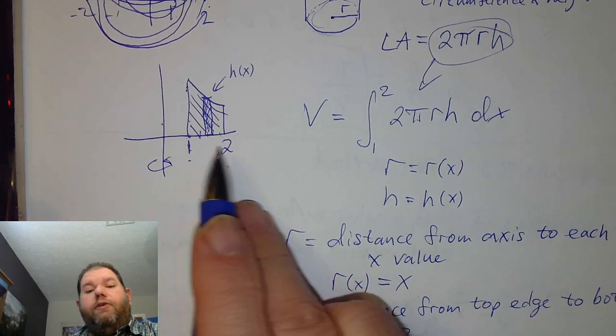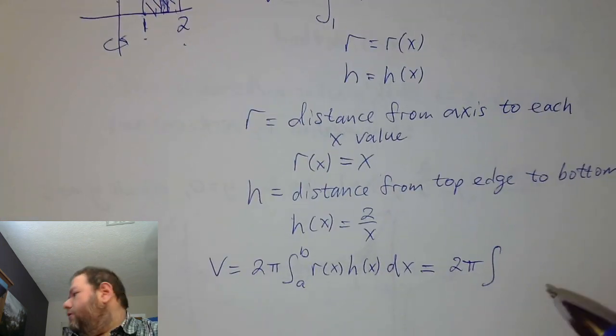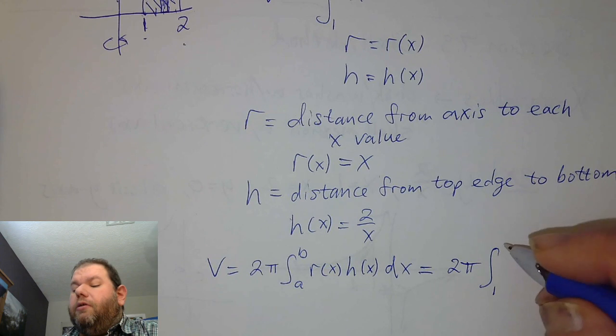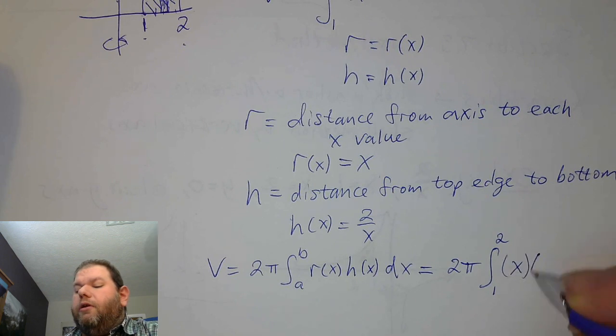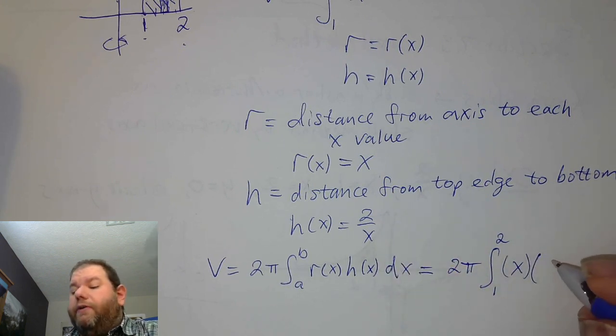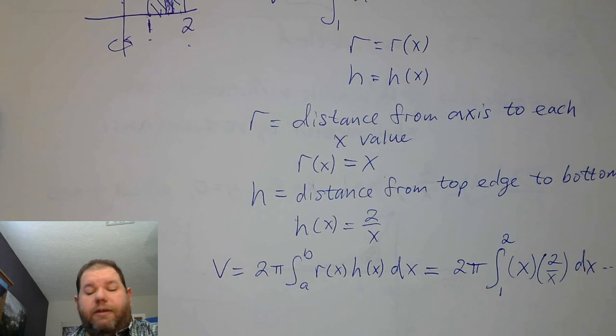That's just going to be 1 to 2 because our shaded region exists between 1 and 2. Then r of x we said was x, h of x is 2 over x, dx, and from there we'll just keep going.